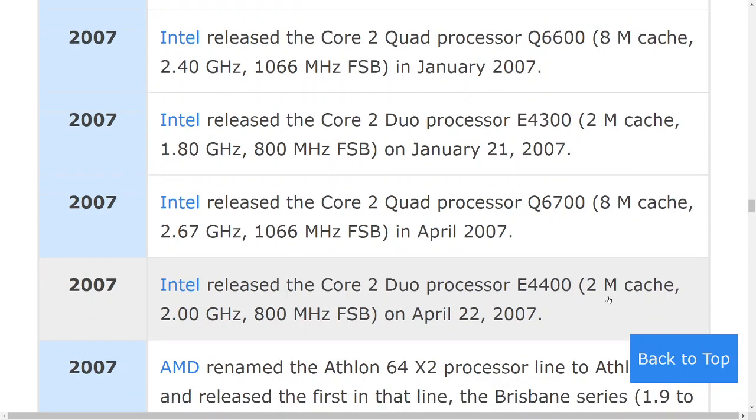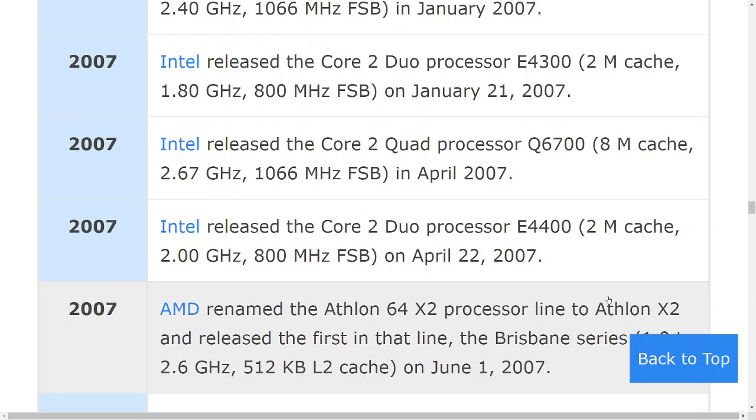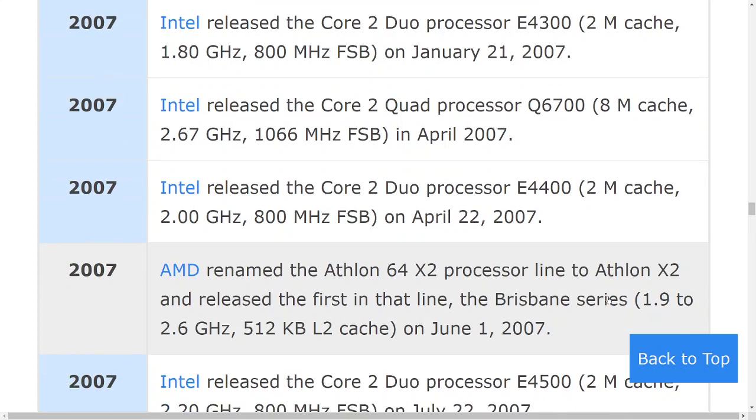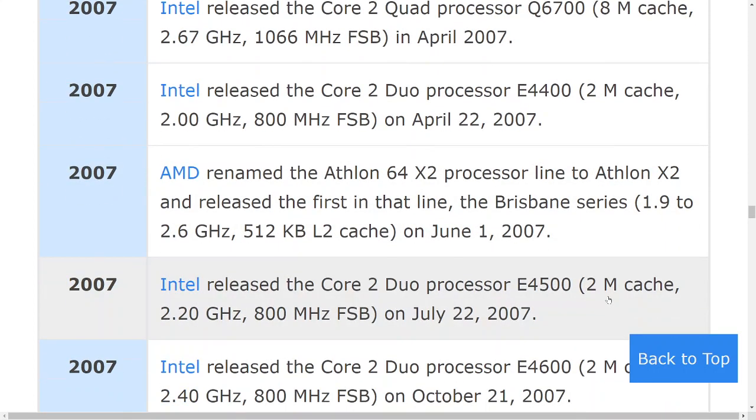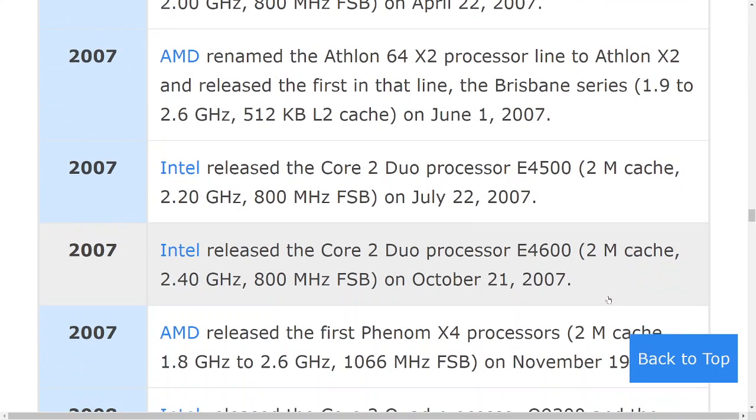And the same year, E4400 was released. AMD same year released Athlon 64 X2 processor. And the same year, Intel released Core 2 Duo processor E4500, E4600.